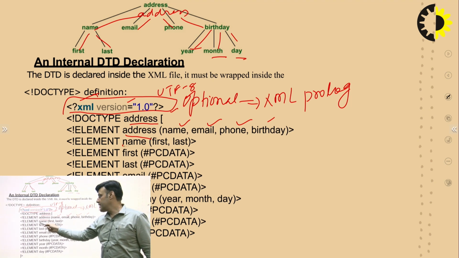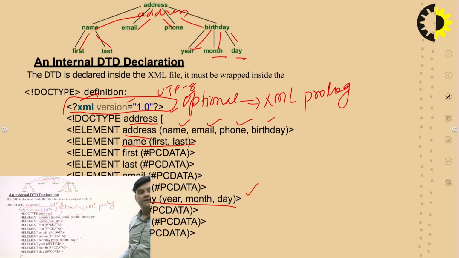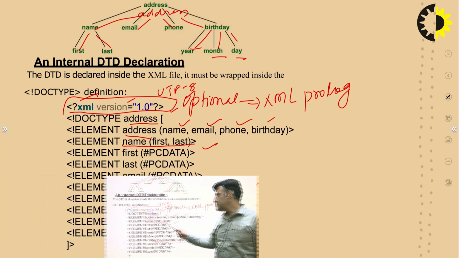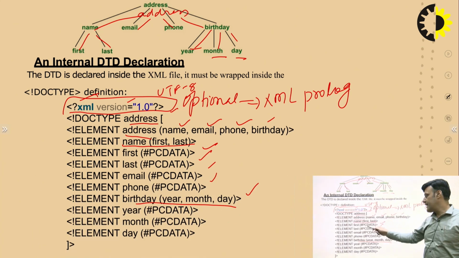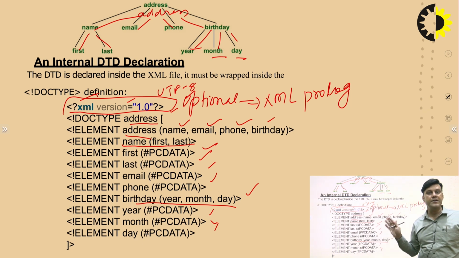Now first name data is parsed, so we write #PCDATA. This is the way we write it, PCDATA for year, month, date. The value is inputted from the web page. So this is how internal DTD declaration takes place. This is the DTD, document type definition.